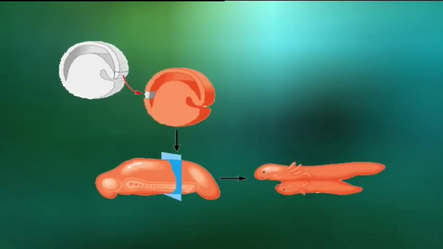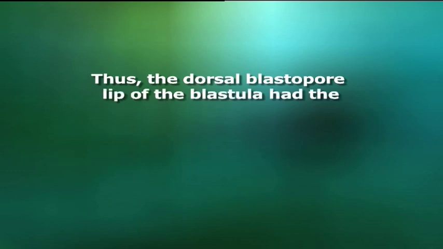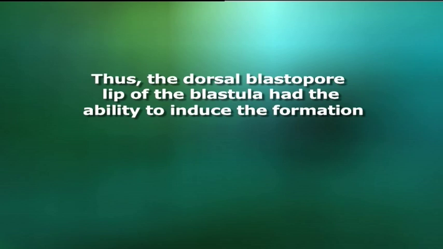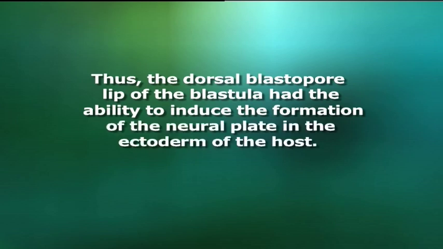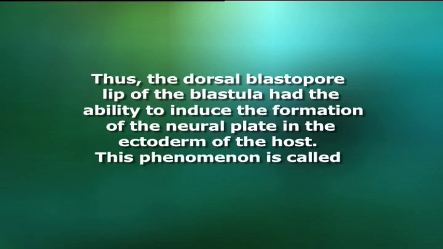At last, a two-headed creature was formed. Thus, the dorsal blastopore lip of the gastrula had the ability to induce the formation of the neural plate in the ectoderm of the host. This phenomenon is called neural induction.